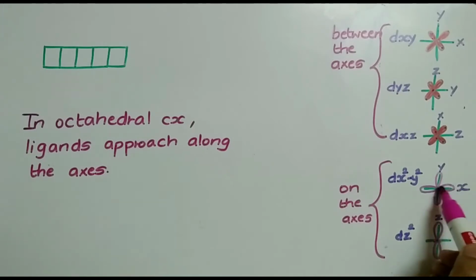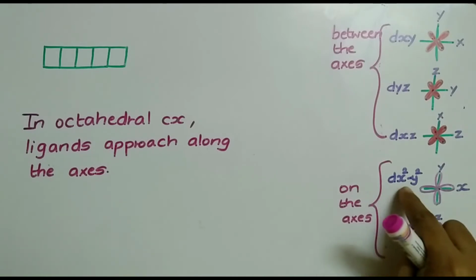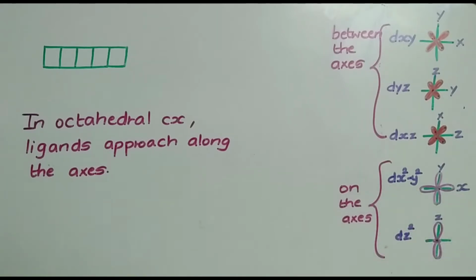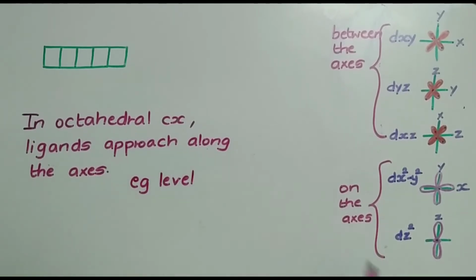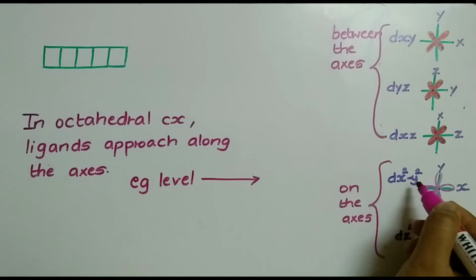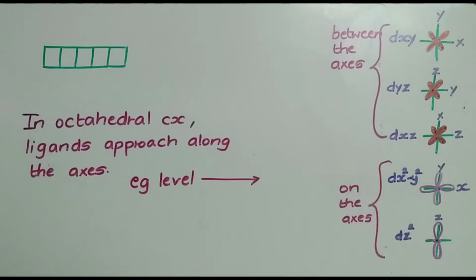So, the ligands are coming along the axis. Which orbitals are along the axis? dx square minus y square and dz square, we call them the Eg level, correct. Therefore, when the ligands approach along the axis, these two orbitals, called the Eg level, are present.